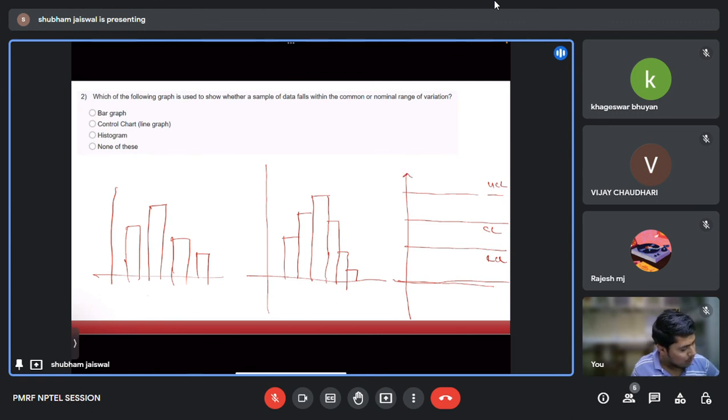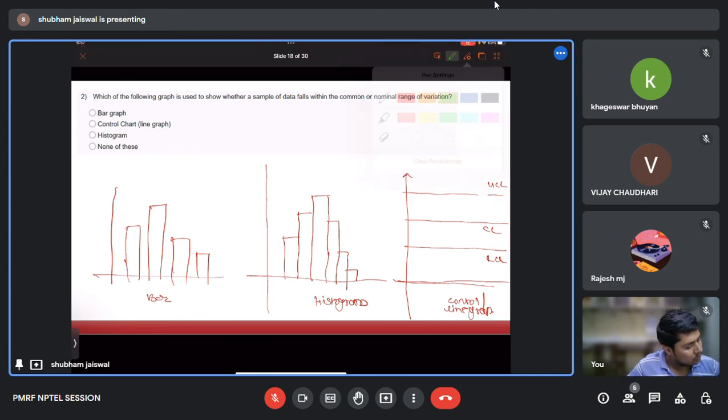Now this is a bar graph, this is a histogram, and this is a control or line graph.